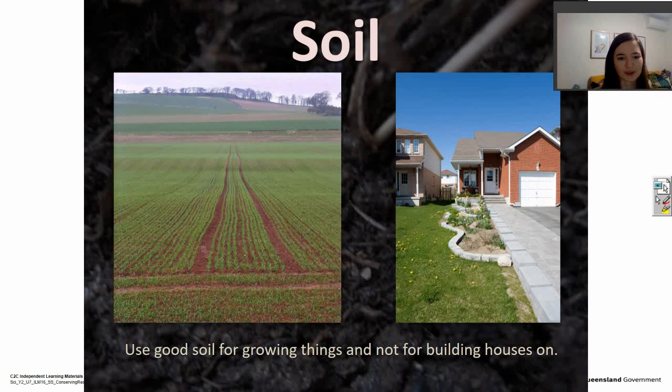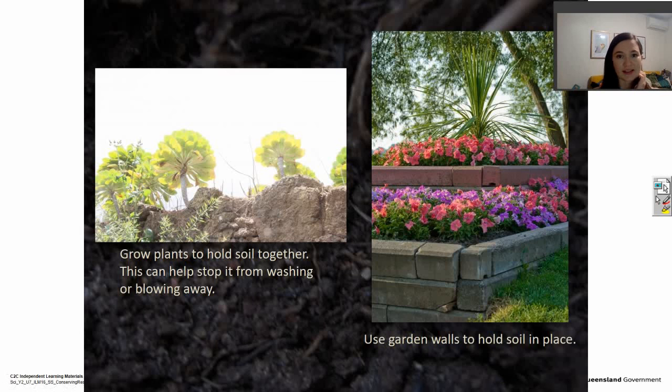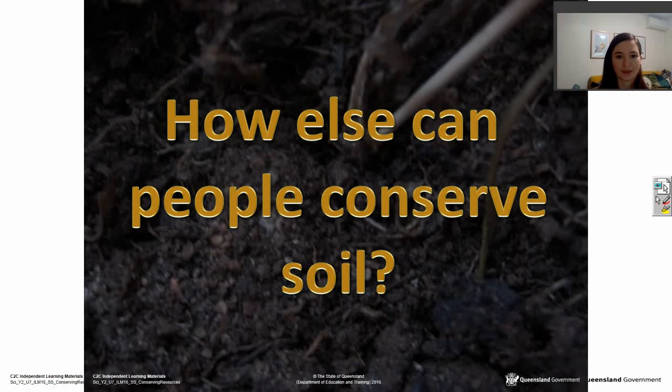Alright, so soil is another one we've talked about, so we're just recapping this one. So we use good soil for growing things and not for building houses on. We grow plants to hold soil together, so remember we talked about erosion, so it can help stop the soil blowing away or washing away. Or we could use garden walls to hold the soil in place. How else could we conserve soil?